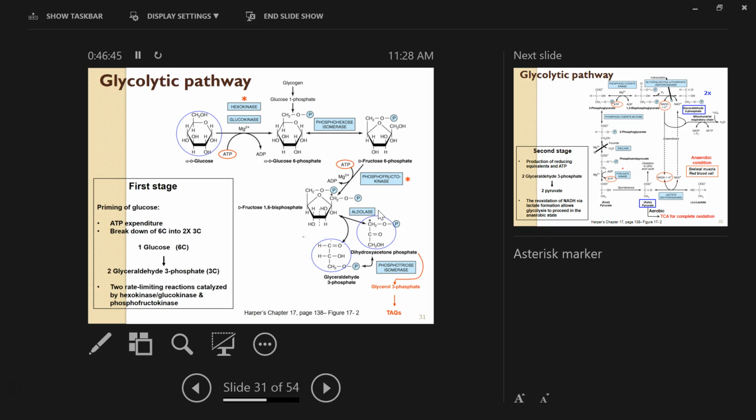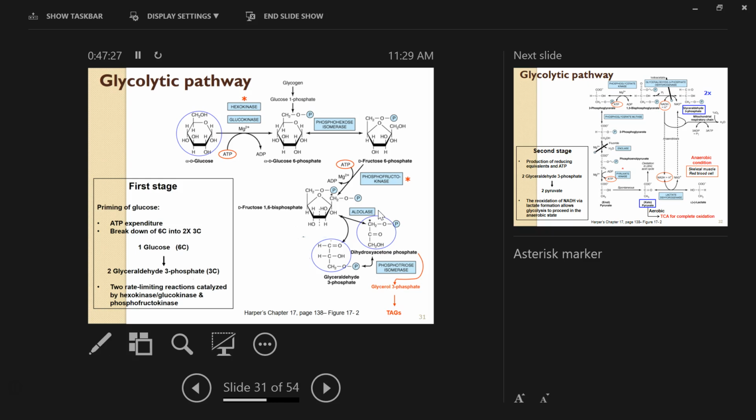Hexokinase is more abundant in muscle cells, so there the first reaction is usually catalyzed by hexokinase. This reaction consumes 1 ATP. So you need to know the substrate is glucose, the product is glucose 6-phosphate, the enzyme is hexokinase or glucokinase, and it utilizes 1 ATP.